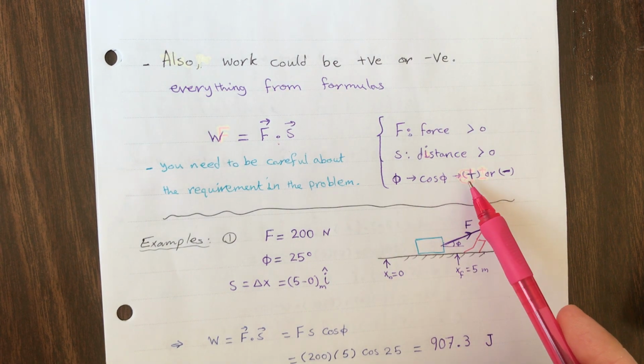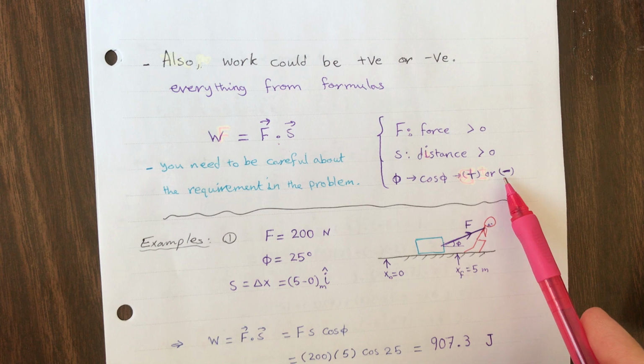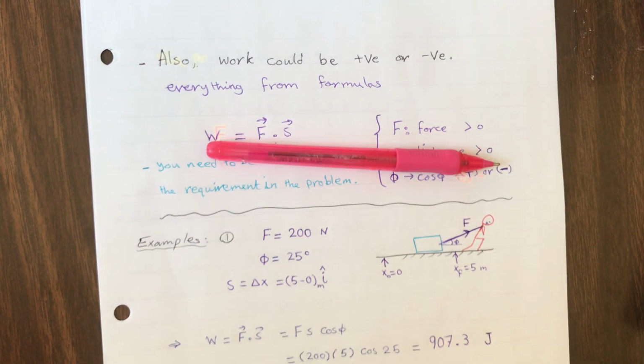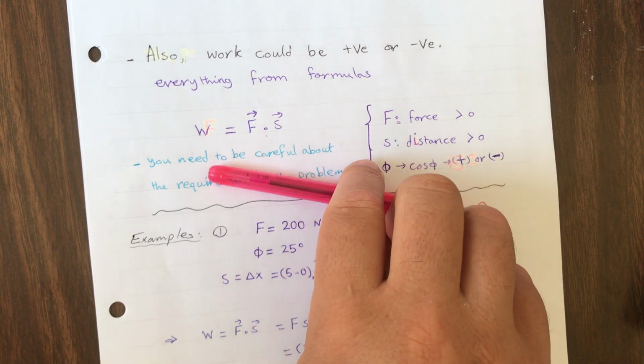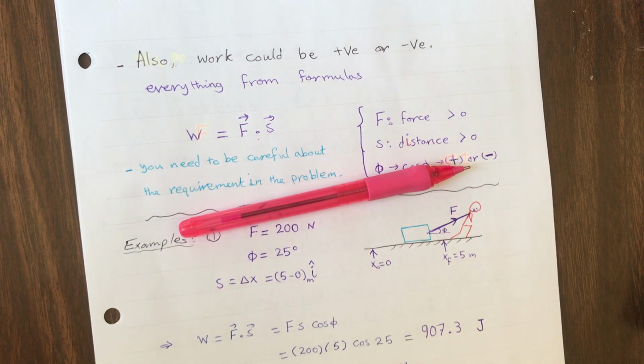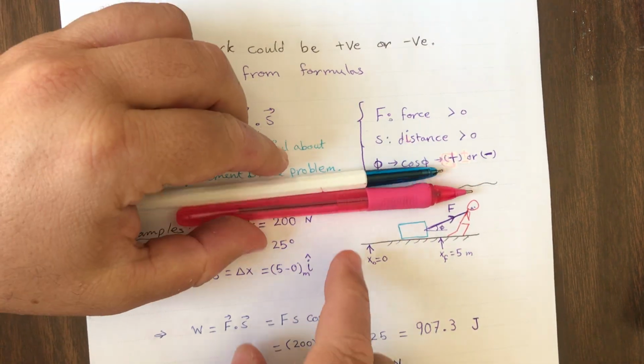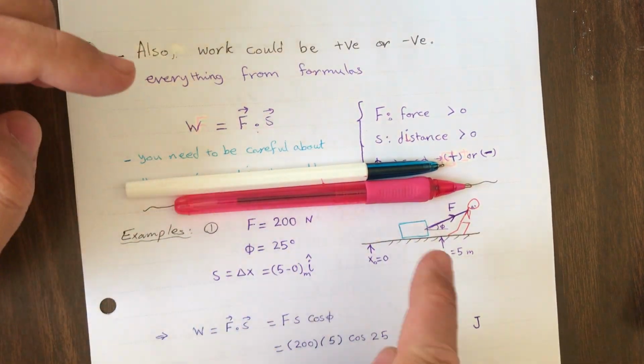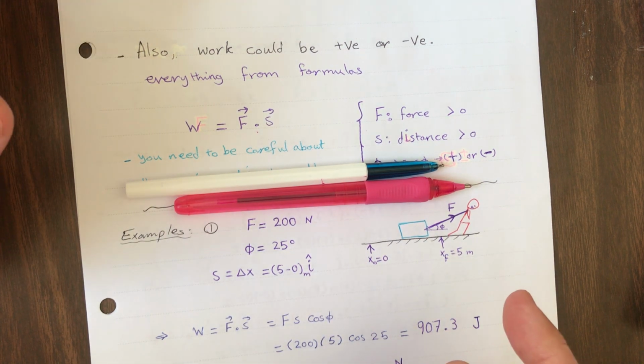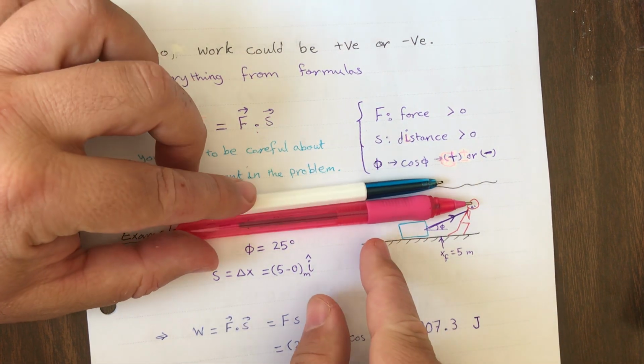Cosine phi may be positive, may be negative. If the force is to the right and the displacement is to the right, then they are both together with positive cosine.